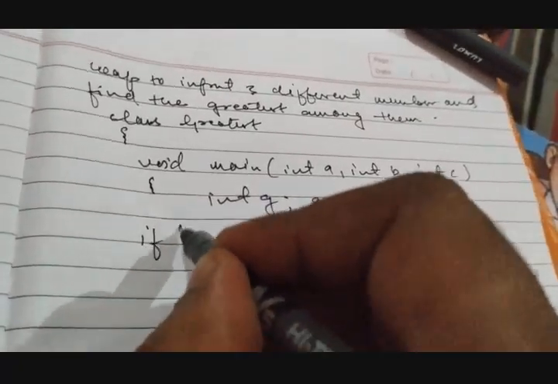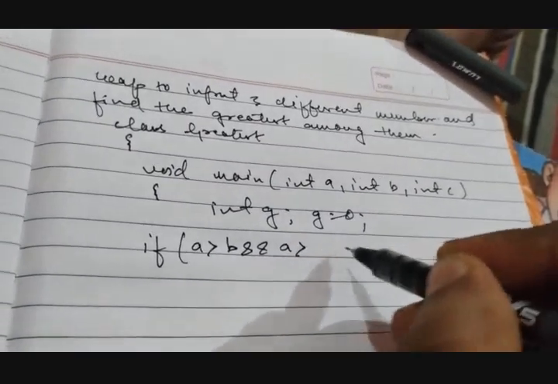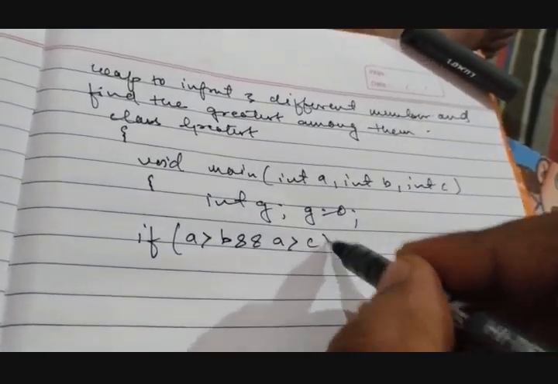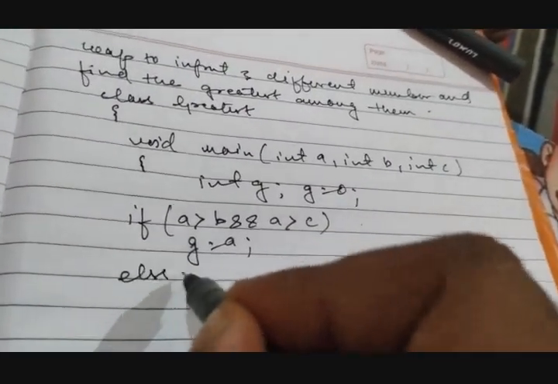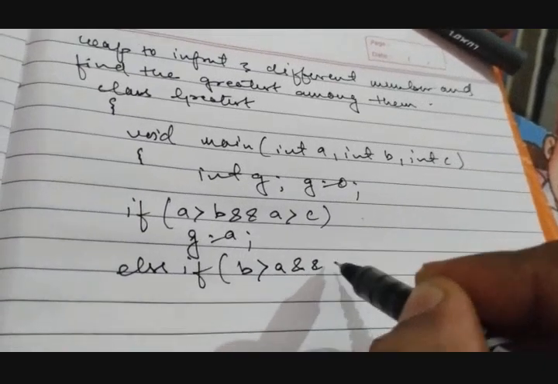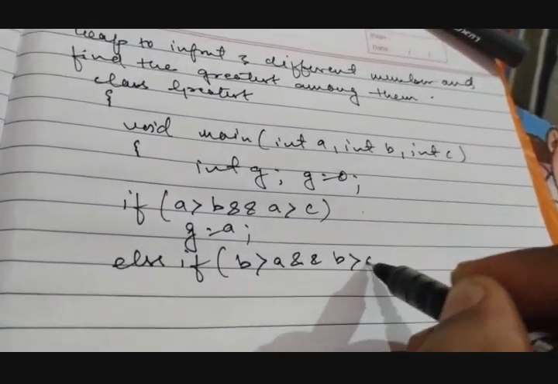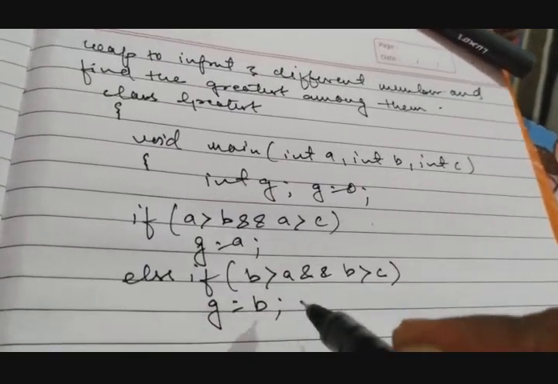If a is greater than b and a is greater than c, then greatest equals a, else if b is greater than a and b is greater than c, then greatest equals b.